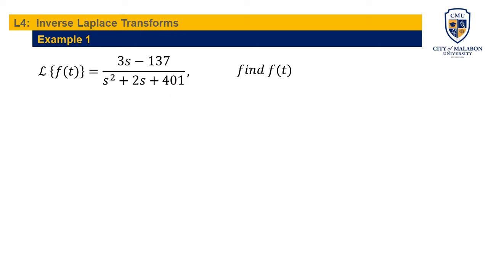So, sa unang tingin, kahit kabisado natin yung mga formulas ng common Laplace transforms and yung pagkuha ng derivative and integral, hindi natin siya agad makikita kasi yung given sa atin is a transform na simplified na. So in this case, we will have to dissect itong transform natin para makita natin saang formula natin siya i-inverse. Okay?